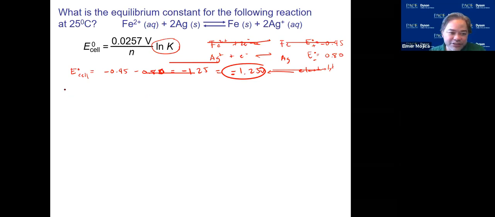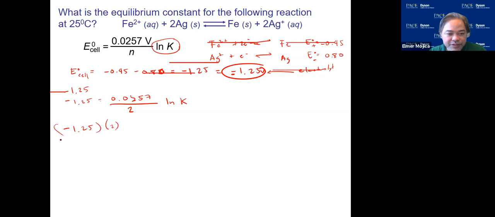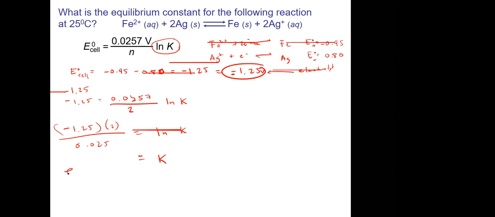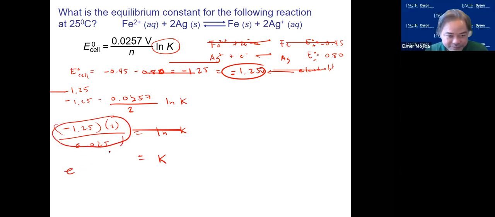So if we look at this, this is how it looks now. If we rearrange it, it will be 1.25 times 2 divided by 0.0257, and then you have ln K. How do you remove ln? We remove ln by taking e to both sides.